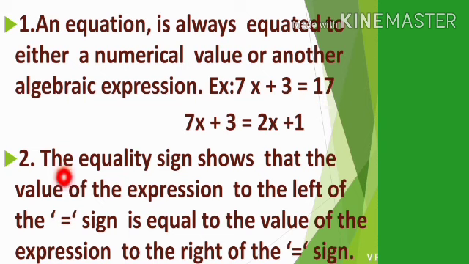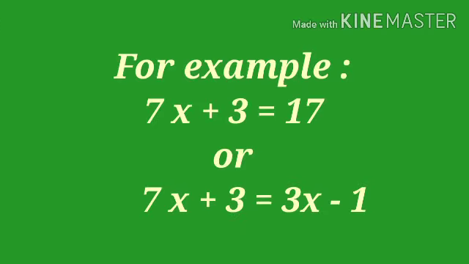And the second one is the equality sign. The equality sign shows that the value of the expression to the left of the equal to sign is equal to the value of the expression to the right of the equal to sign. In general, the right hand side of an equation is just a number, but this need not always be so.